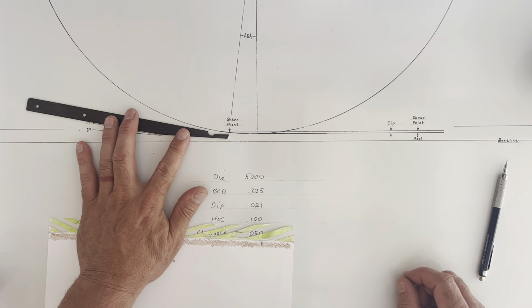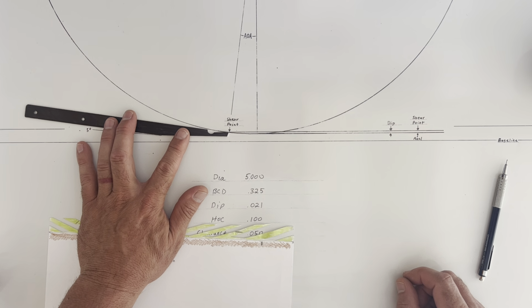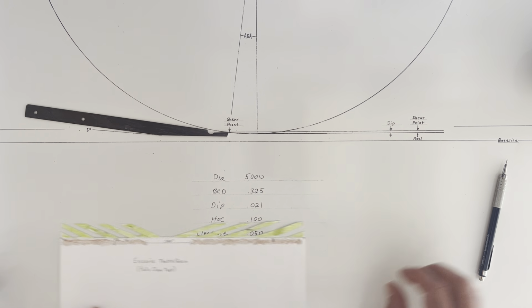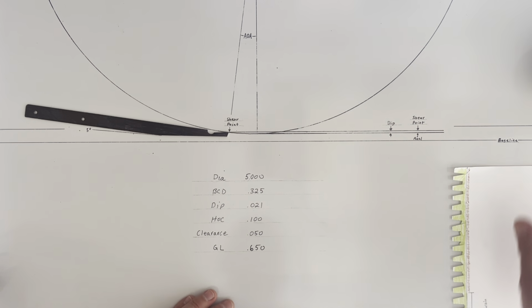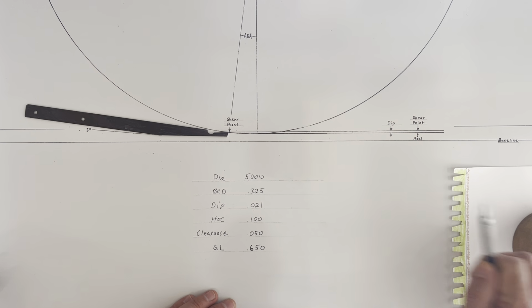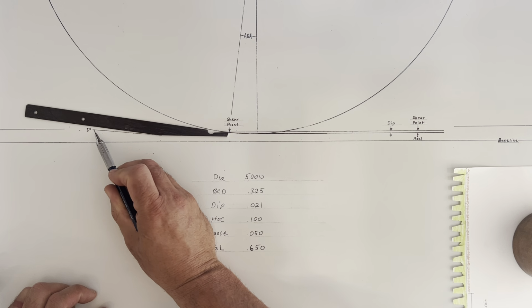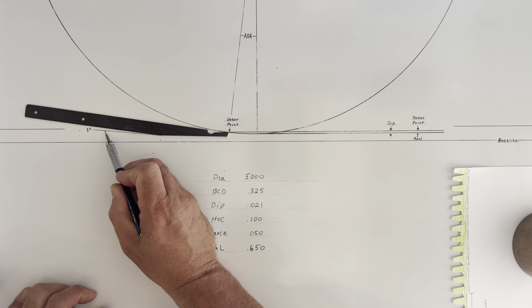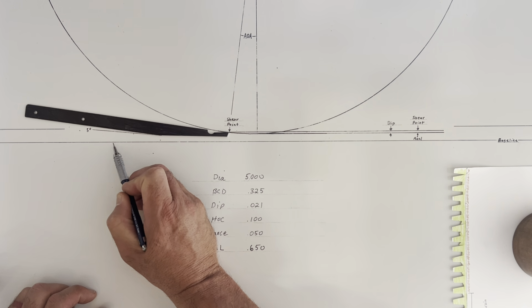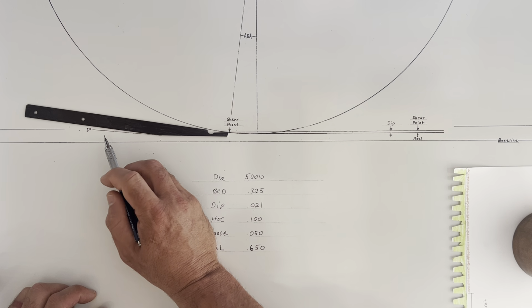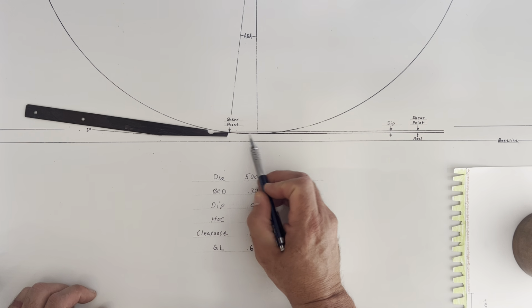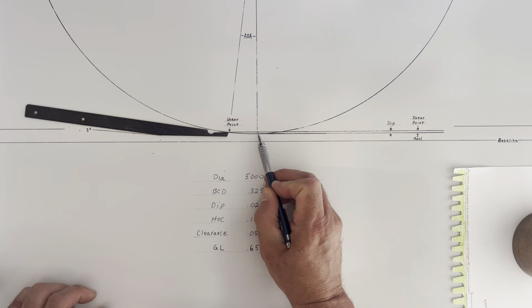To measure aggression, we've been taught in this industry for a long time to measure the attitude, which is the angle between the baseline and the bottom of the bed knife, to try to judge the aggression, which is the behind center distance and the dip.